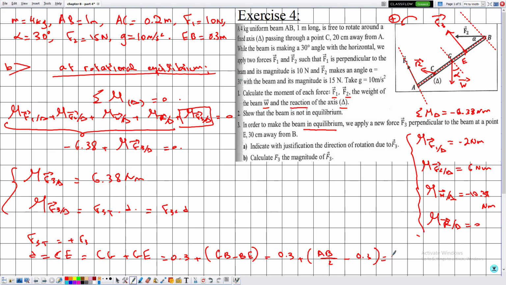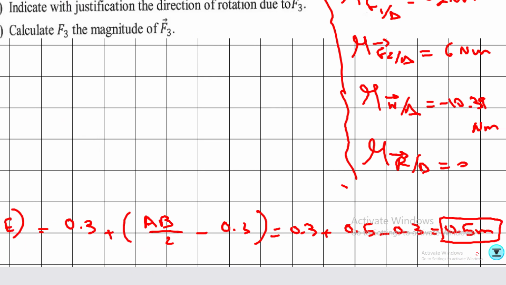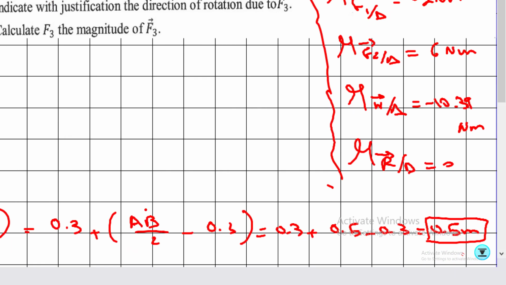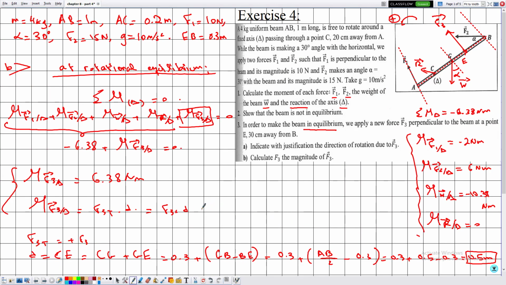So this is equal to 0.3 plus 0.5 minus 0.3, which is equal to 0.5 meters. Here 1 divided by 2 is 0.5. This will cancel out with this, and the distance is given by 0.5. So it is given by F3 multiplied by 0.5.